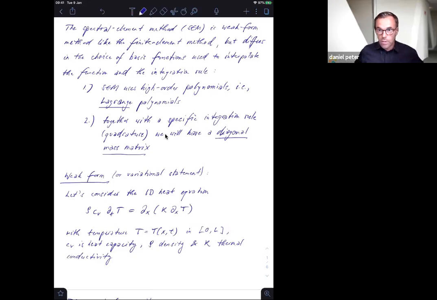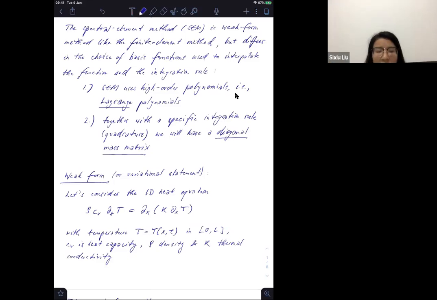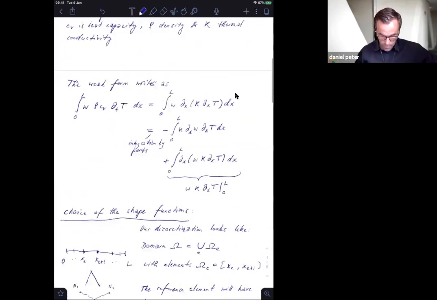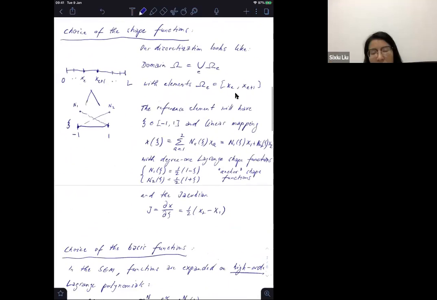So do you have questions about that? Professor, is the mapping function here linear? Yes. So the only difference between FEM and SEM is the high order polynomials of the basis functions, right?